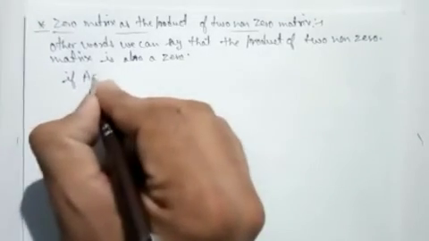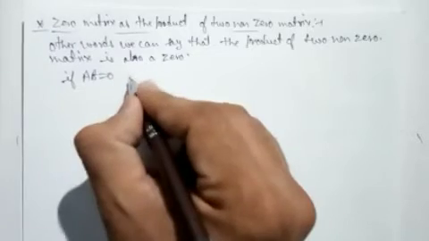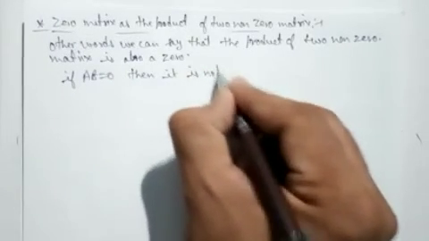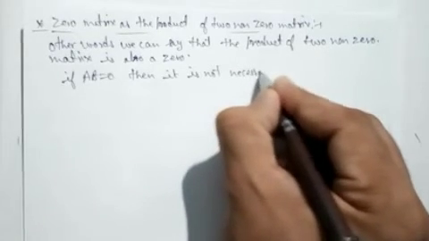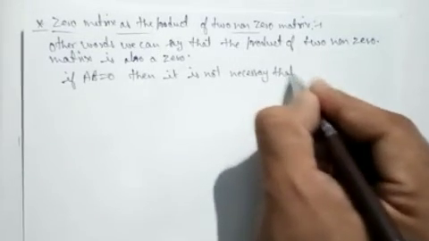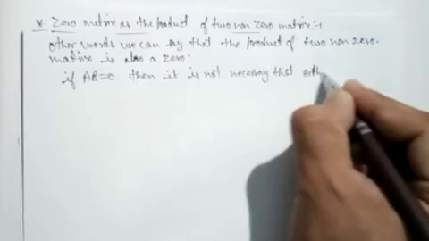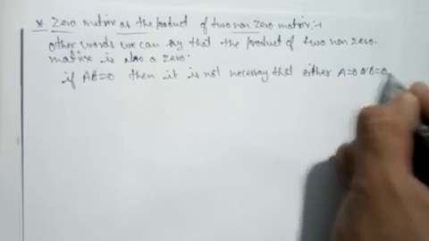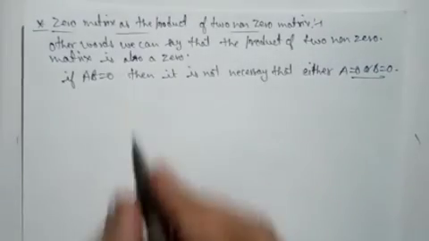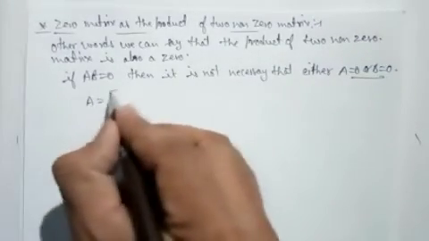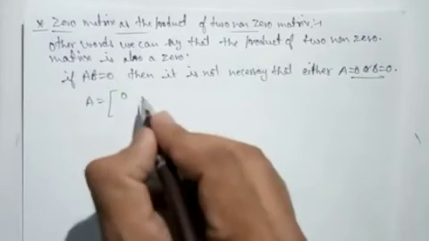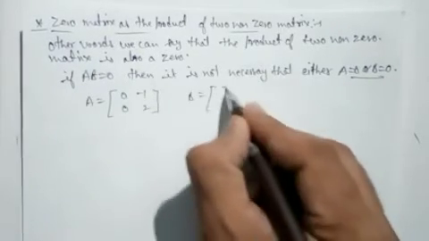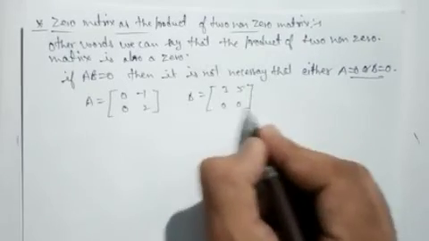If AB equals to zero, then it is not necessary that either A is 0 or B is 0. Clear? For example, A matrix is 0 minus 1 0 2, B matrix is 3 5 0 0.